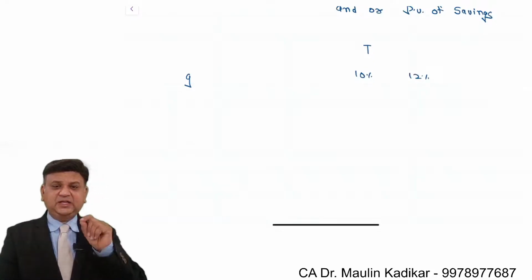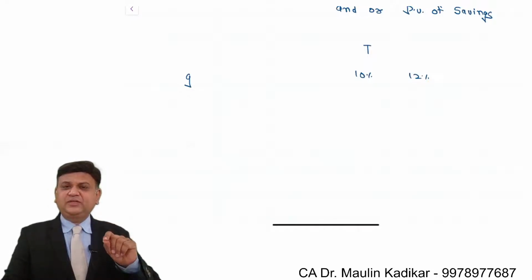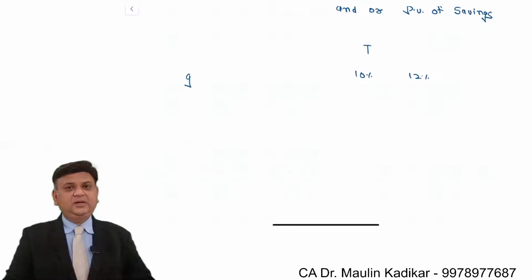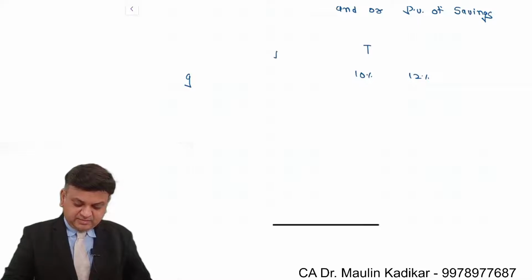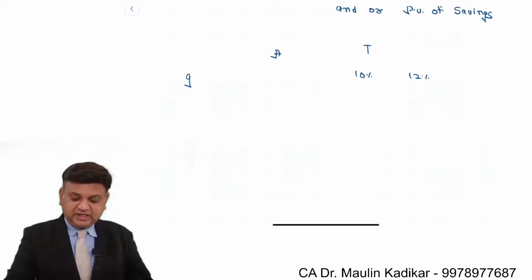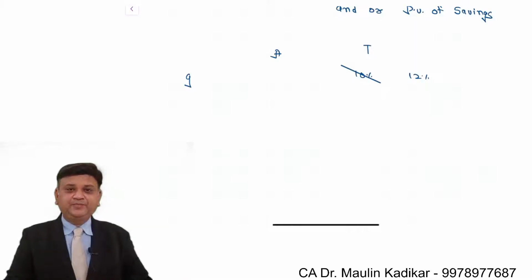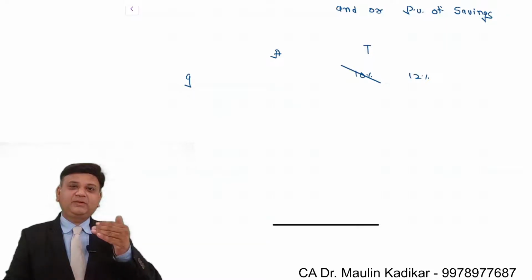The product or idea of the target company is excellent, but it may lack reach to a large number of customers. It does not have a good network. The acquiring company may be able to take advantage of the large network it has, and because of this the growth rate will increase from 10% to 12%. So the value of the target company will increase due to the merger.